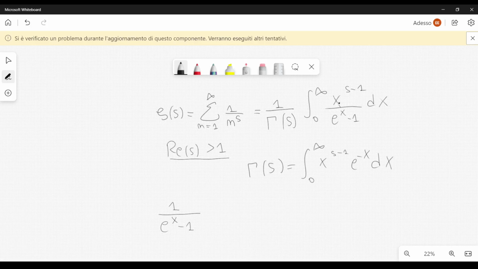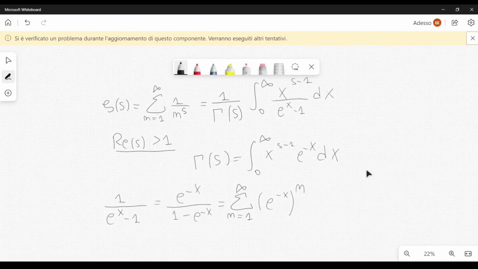So I'm considering this function here, right? And this can be also rewritten as e to the minus x divided by 1 minus e to the minus x. And this is none other than the sum with the index n going from 1 to infinity of e to the minus x raised to the power n, like this.